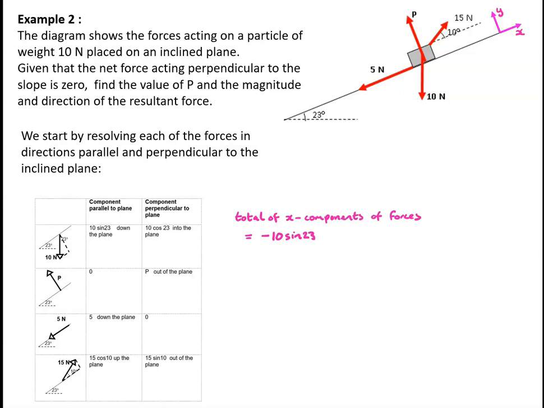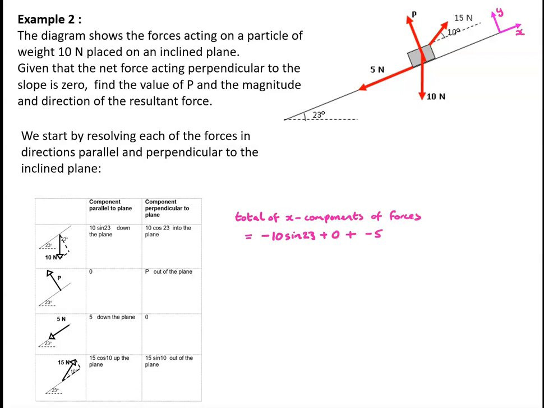The force P has no component up or down the plane. The 5 Newton force is equivalent to a force of 5 newtons down the plane. In other words, its x component is minus 5 because the positive direction for x is up the plane. So the x component of the frictional force there of 5 newtons is going to be minus 5.